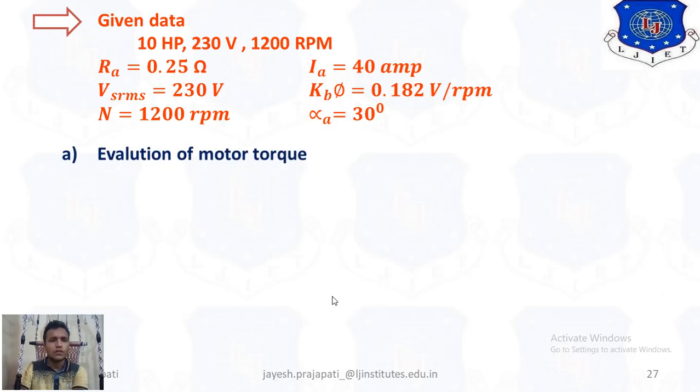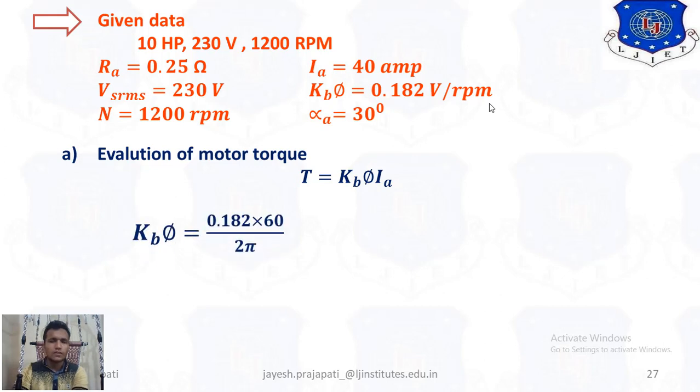Now first of all, the evaluation of motor torque. So we know the torque equation T is equal to kb into phi into I. You can see here the kb into phi is given and the armature current is also given, but we have to convert this into radian per second, because this kb into phi is in volt per rpm.